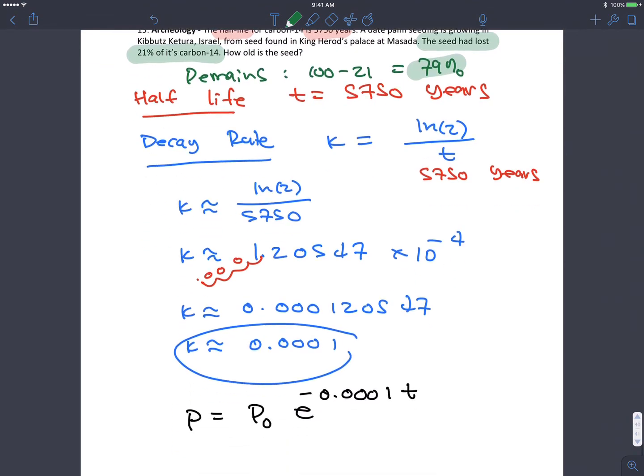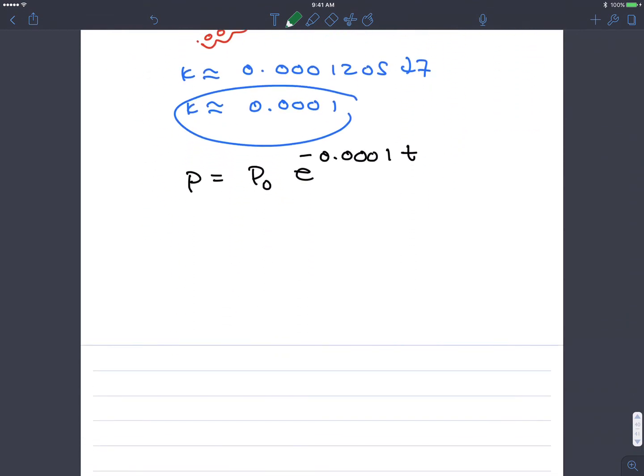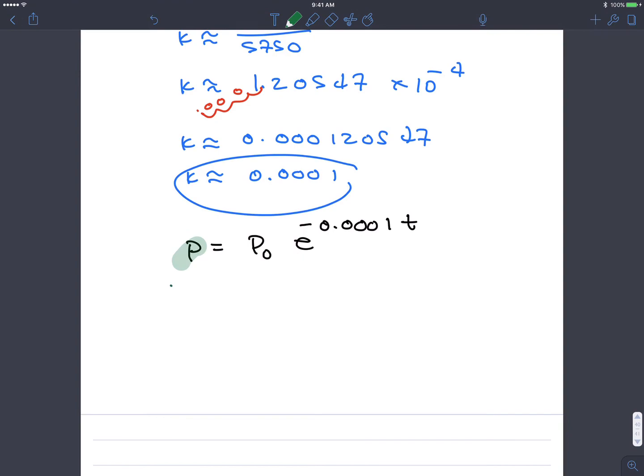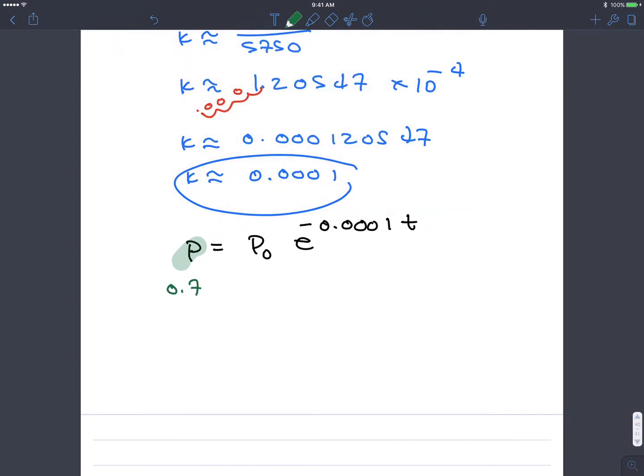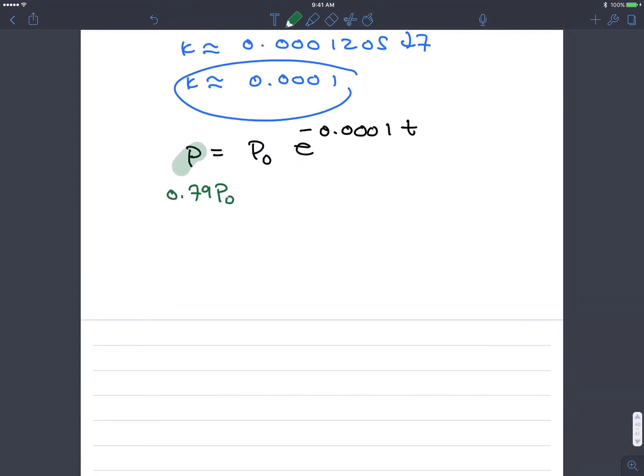So as a decimal, I'm going to replace my P to be 0.79 of the initial amount, because this is how much remains.